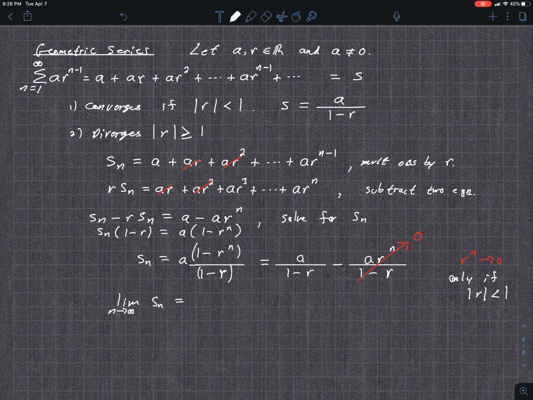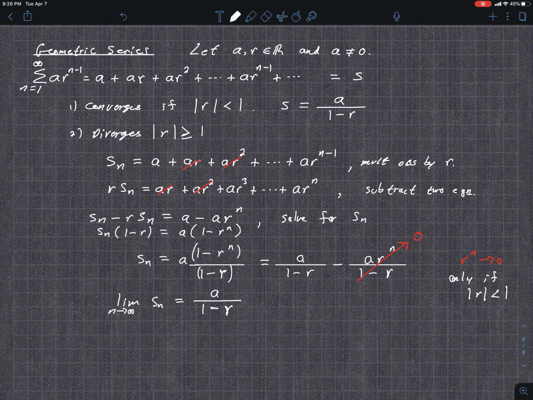That's true only if the absolute value of r is less than 1. So you're raising a fraction between 0 and 1 to infinity, it approaches 0. So that limit then is a over 1 minus r.